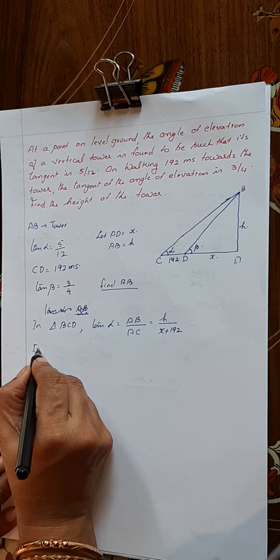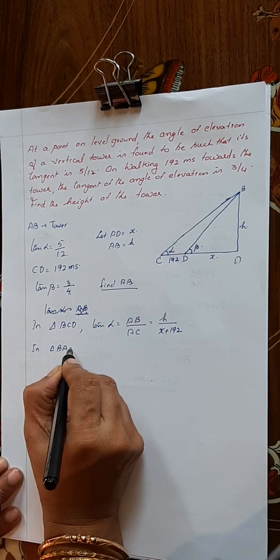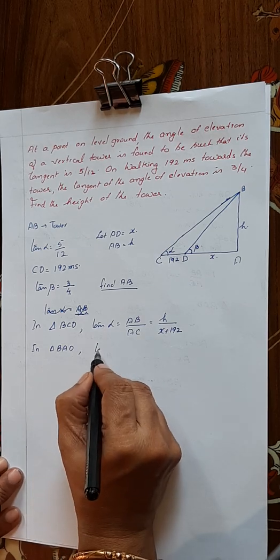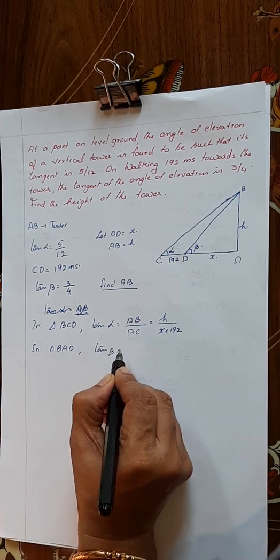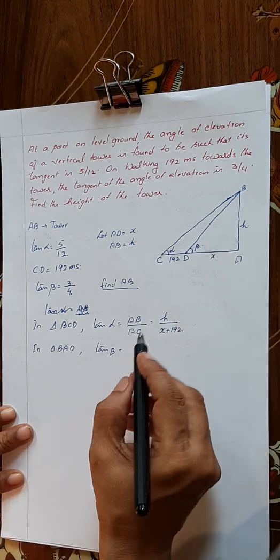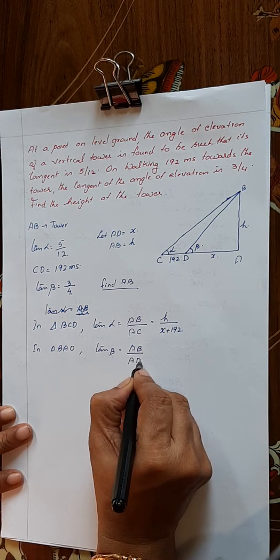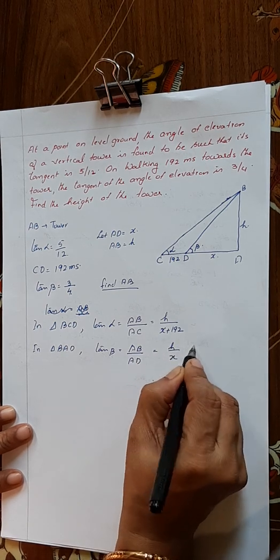In triangle BAD, tan beta is equal to opposite side by adjacent side, so AB by AD, that is h by x.